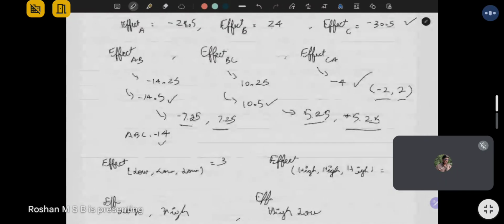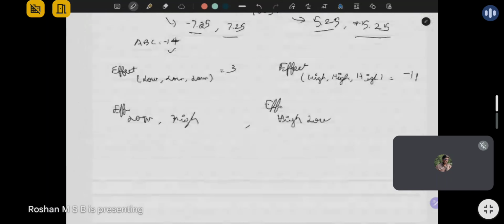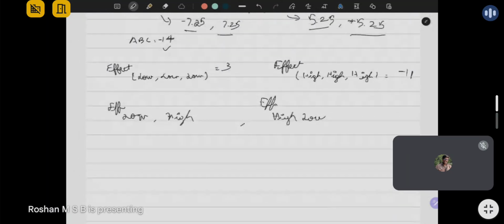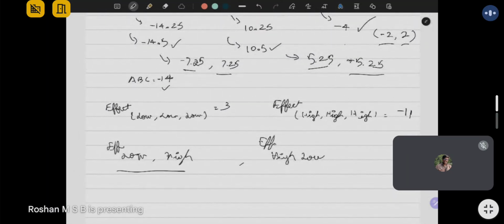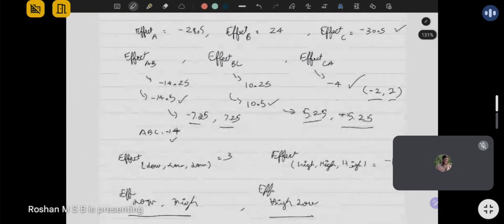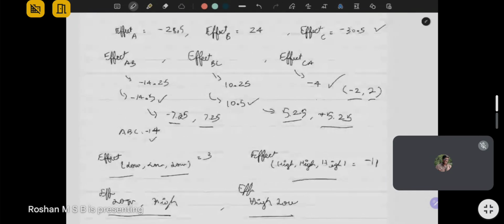Other people also try to calculate the effects for low, high, high, low, and then sum all the effects. That is also one way of doing it. But if it's like this as described in the lecture, then it's fine. No issues.